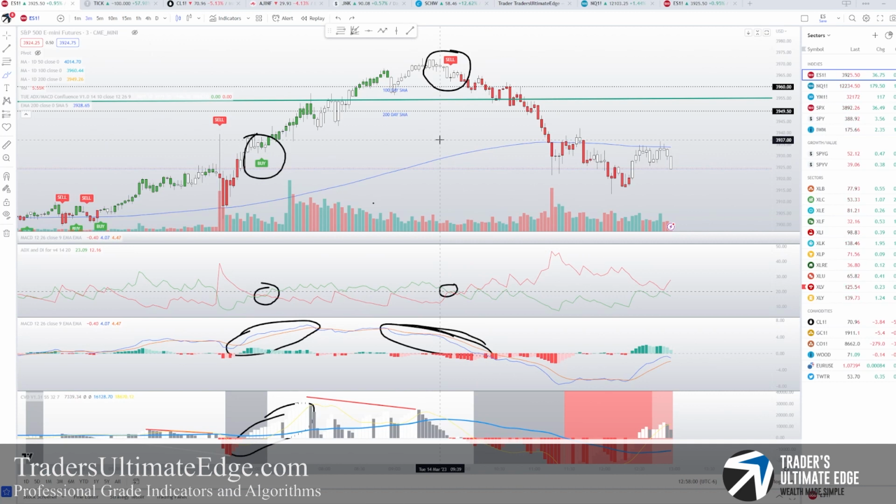Now, you may be looking at this and you're like, well, Tony, I would have missed a great trade. And yes, you would have. But one trade is not what we're trying to do. When you're trying to trade algorithmically, you are trying to win the game of numbers. You are trying to win the overall profit and loss.